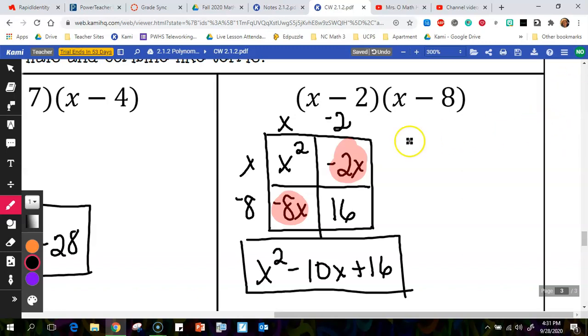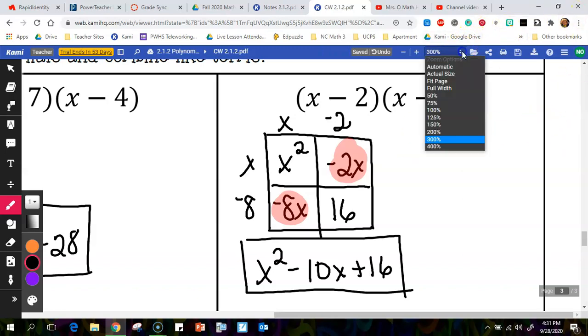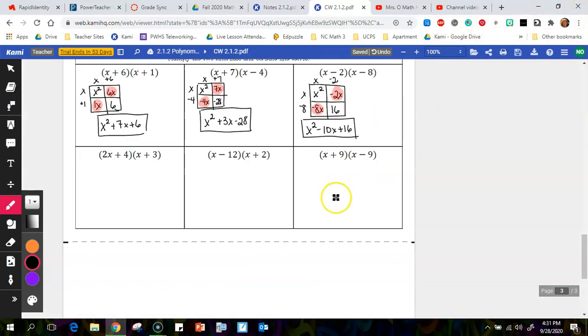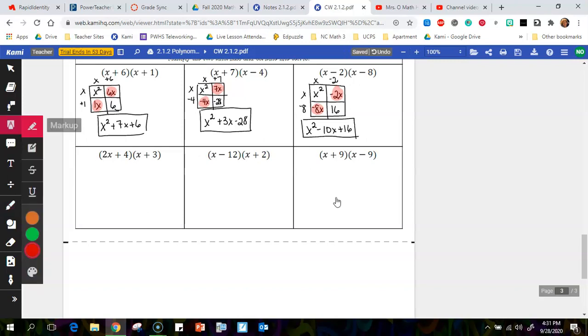Okay, so let me get this back to 100% here. So you are going to do this one, and this one. Instead of doing that, because I think that looks too much like a variable, I'm going to highlight them.